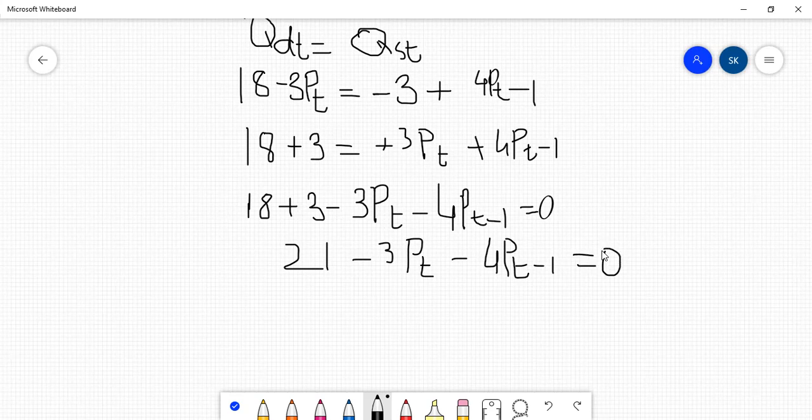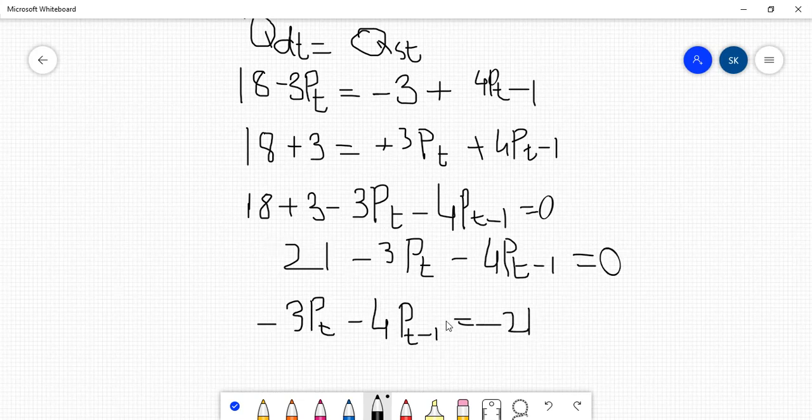So therefore, it means that we have minus 3pt minus 4pt minus 1 is equal to minus 21. Clear? Now what we do next is we can take the minus sign common.